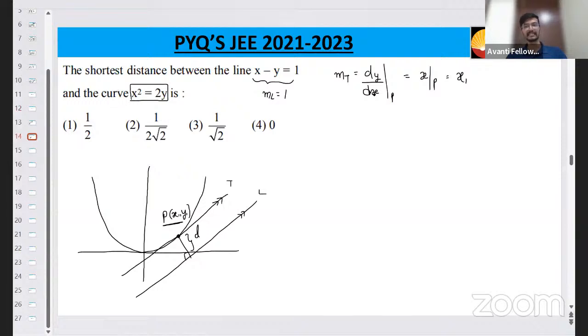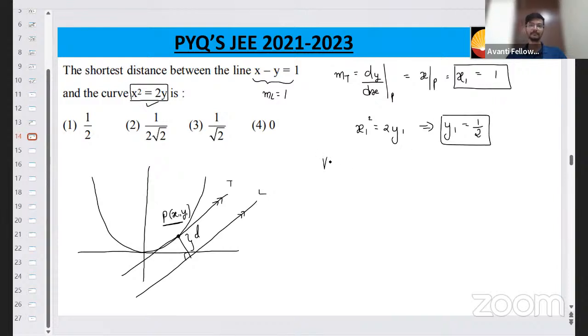So 2 and 2 will get cancelled. And what is the slope of the tangent equal to? Slope of the line. So we got x1 equals 1. Now, this point P lies on the parabola, so it must satisfy. So we'll get x1 square equals 2y1. So from that, we got y1 equals x1 square by 2. We got the point.